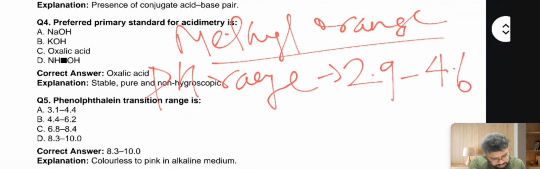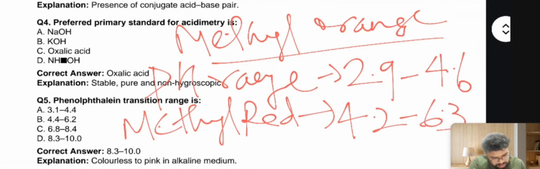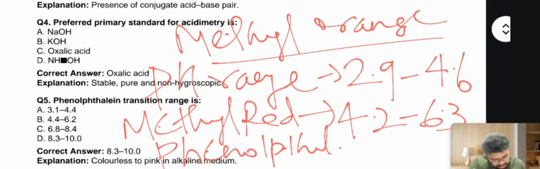Then the second one is methyl red, its pH range is 4.2 to 6.3. And the phenolphthalein range, you see, is 8.3 to 10.